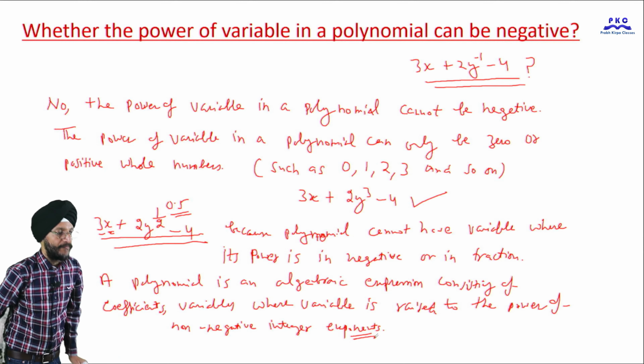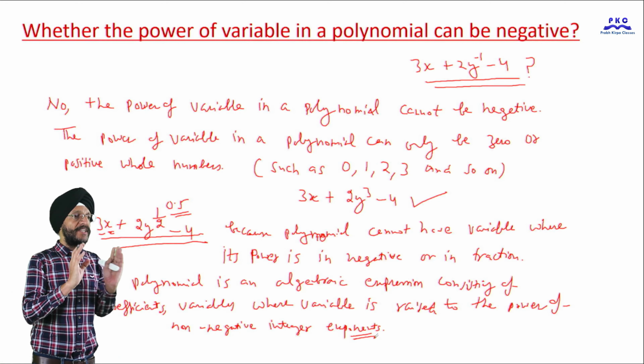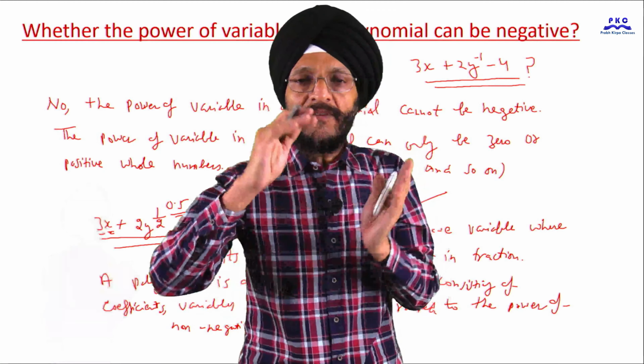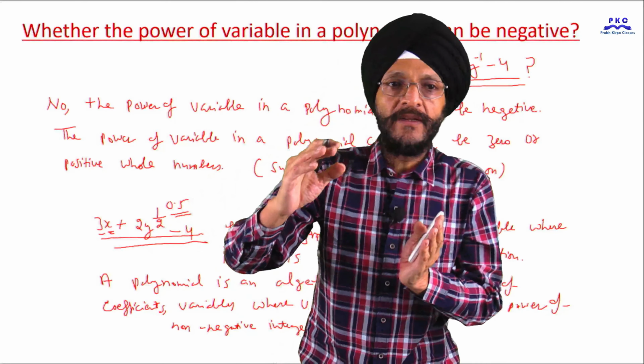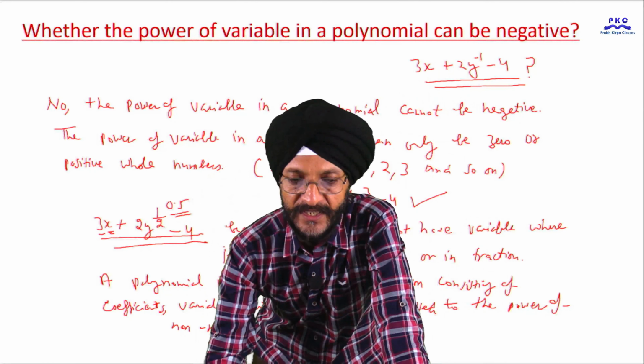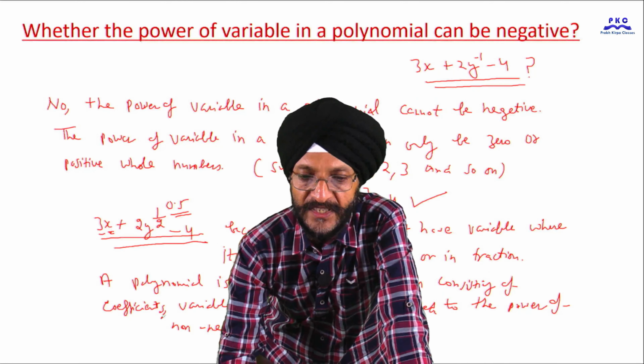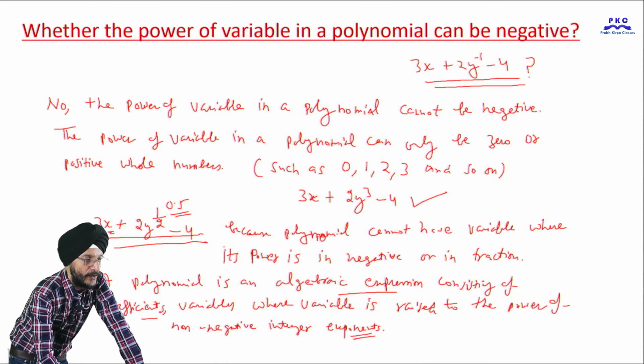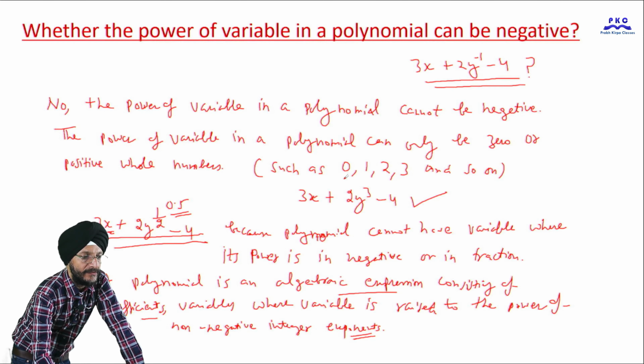Exponents means power. Non-negative integer power. That is, the power of the variable cannot be negative. A polynomial is an algebraic expression which consists of coefficients, variables, and where the variable is raised to a non-negative power, that is, it cannot be negative or a fraction.